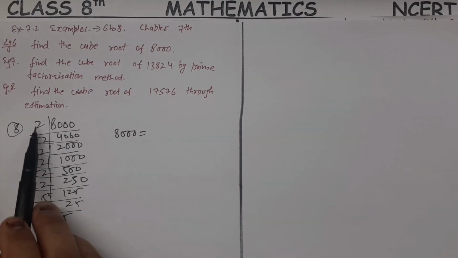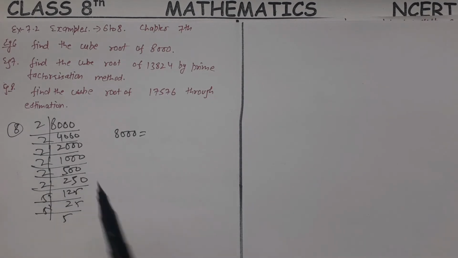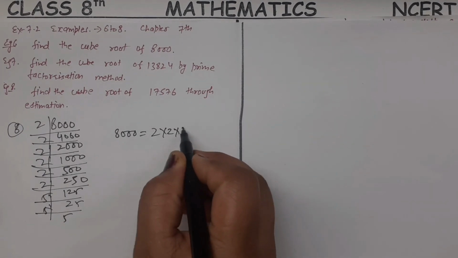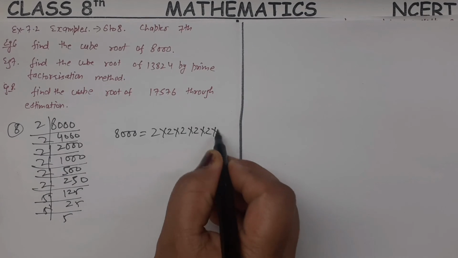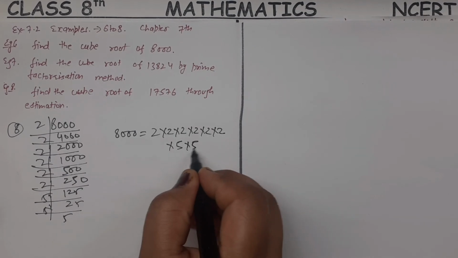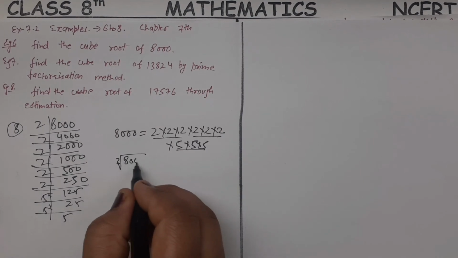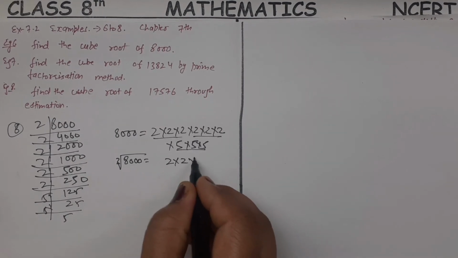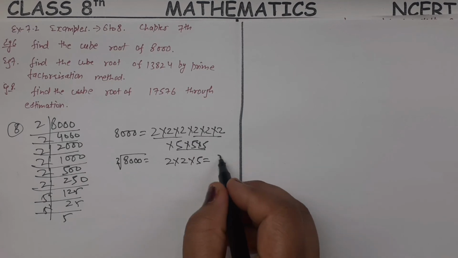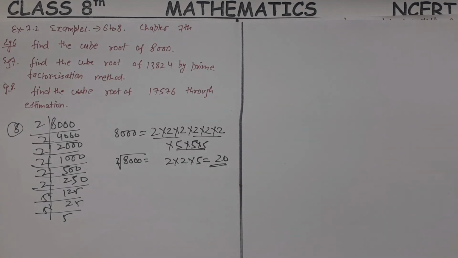We can write it as 1, 2, 3, 4, 5, 6, 6 times 2, 3 times 5. Symbol of cube root. Answer is 20.